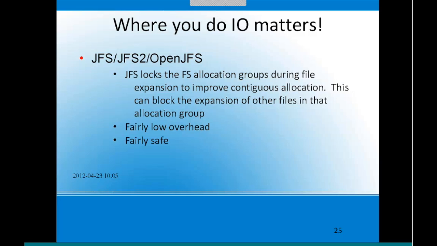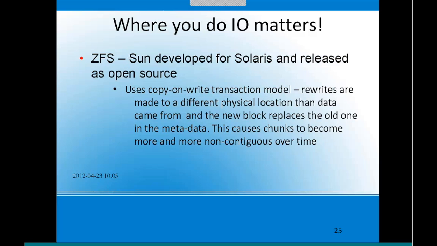So that's one downside of JFS. But again, if you keep your database chunks on a separate file system from all of your other storage, that should not become an issue at runtime. It is a fairly low overhead and fairly safe file system for databases as journaling file systems go.